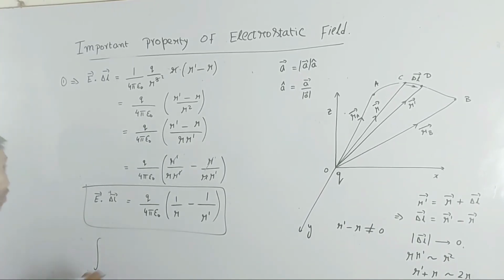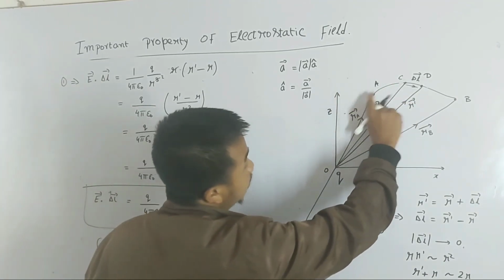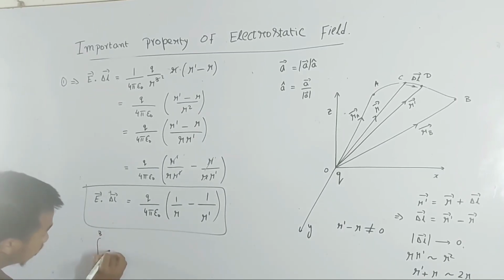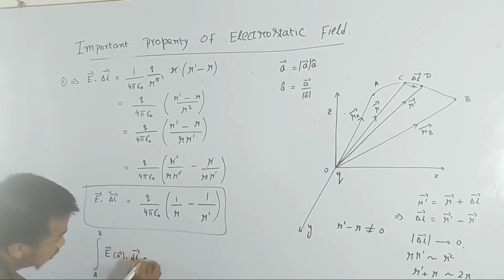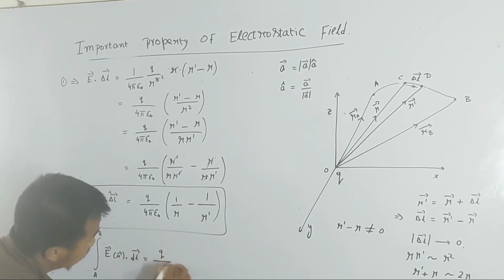It means that we take the total integration from A to B. So from A to B, E dot dl vector is equivalent to Q by 4 pi epsilon naught.